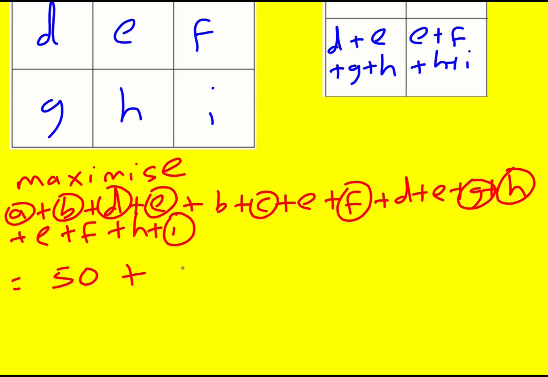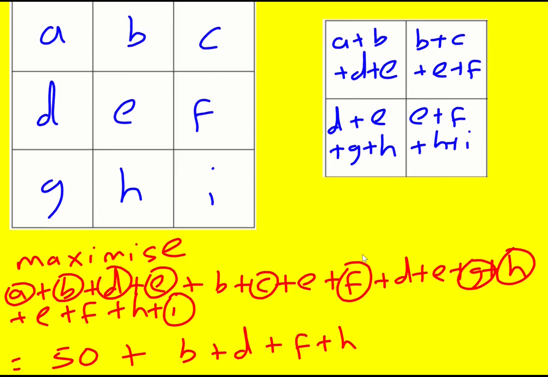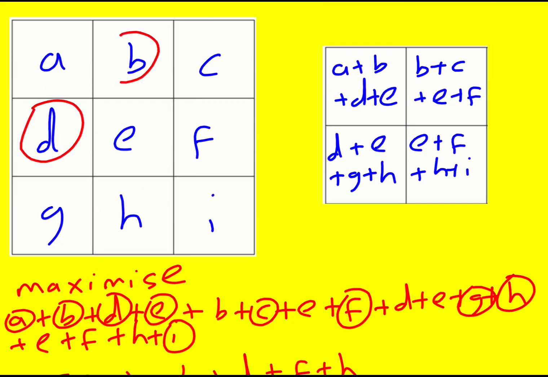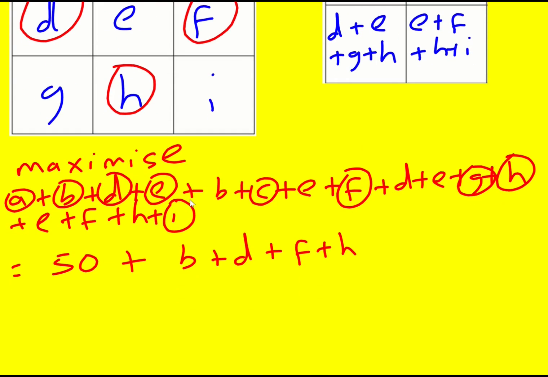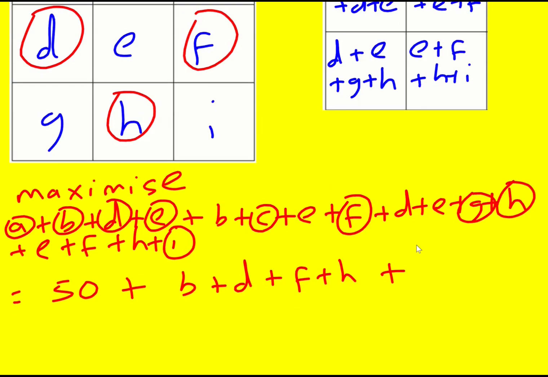And then what I'm left with is B plus D plus F plus H. Those are the ones that are here, so they get counted twice. I've already encountered them once within the 50, and then E got counted 4 times, one of which is within the 50, so I'm left with 3E.